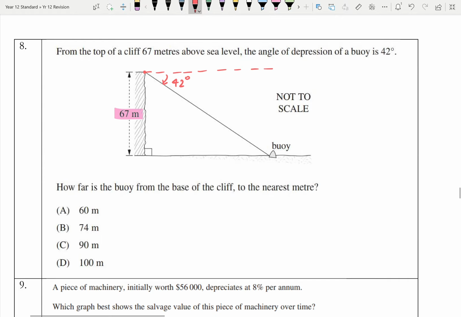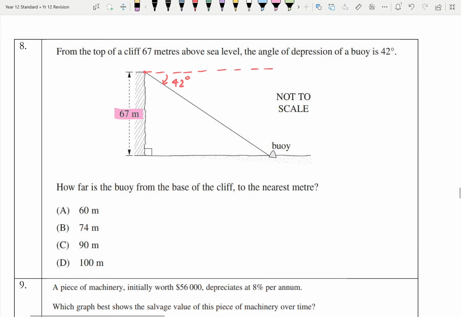The most common mistake people make on a question like this is before all that red information is there that we just drew, they'll draw 42 degrees in here and then try and solve the question. And even if they do everything else correct, they're not going to get the right answer because that angle in there, it's not 42 degrees. It's actually the angle from your line of sight.